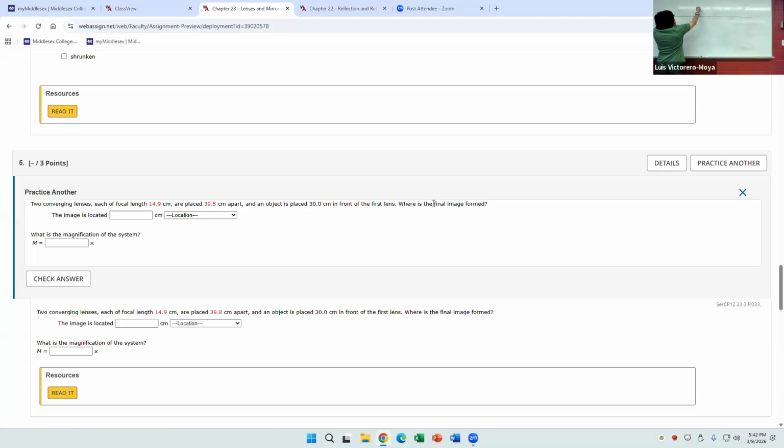So let's say this is the first lens with a focal length f1 equals 15. In fact, in the lab, we don't use lenses with focal lengths like that. Normally they are whole numbers. Both are 15. And they're placed 30, and maybe around here 40.